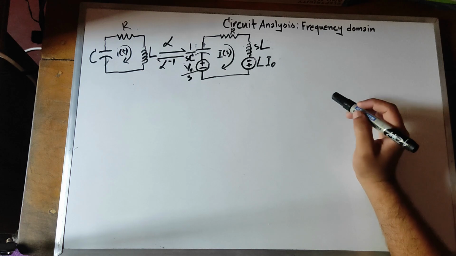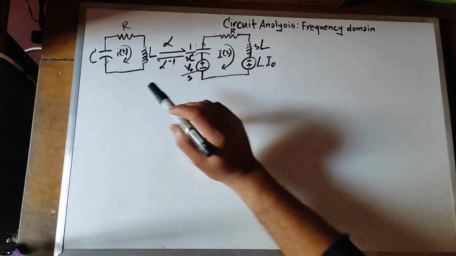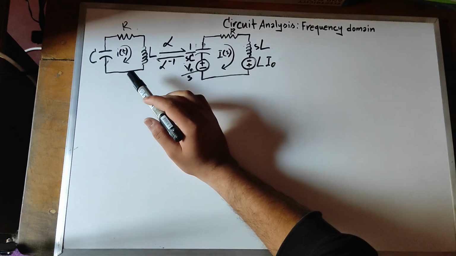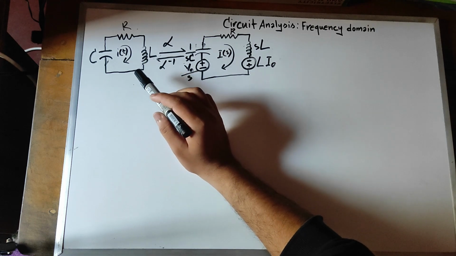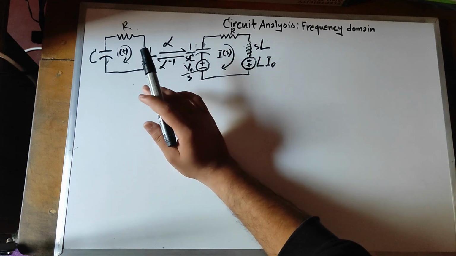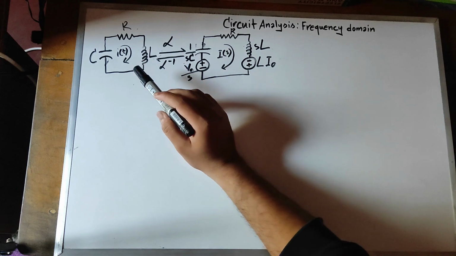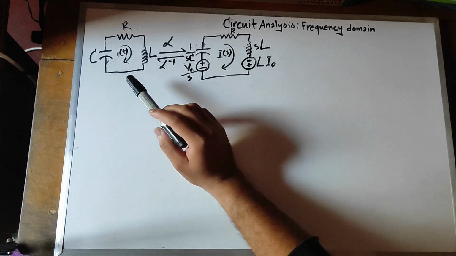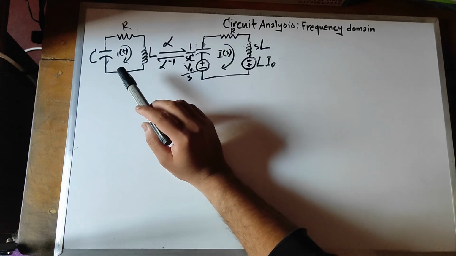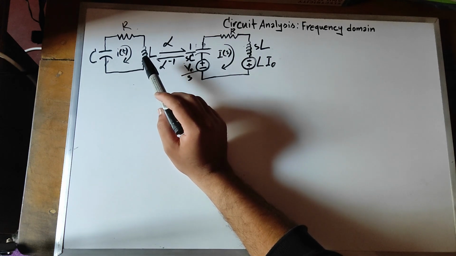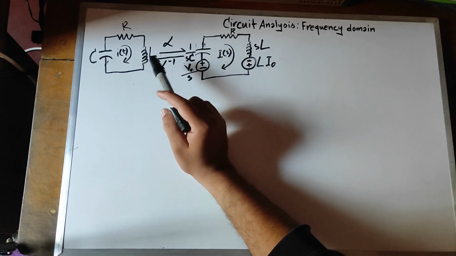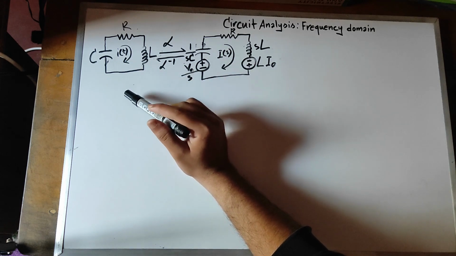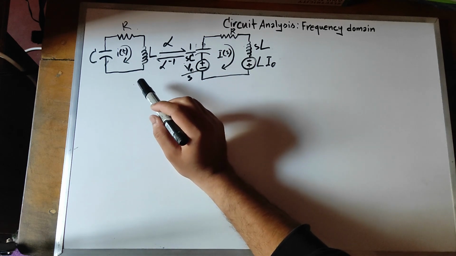So let's get started. Here the source free RLC circuit looks like this. Because this is an LTI system, all the components here are linear components, and they construct a linear time invariant system.